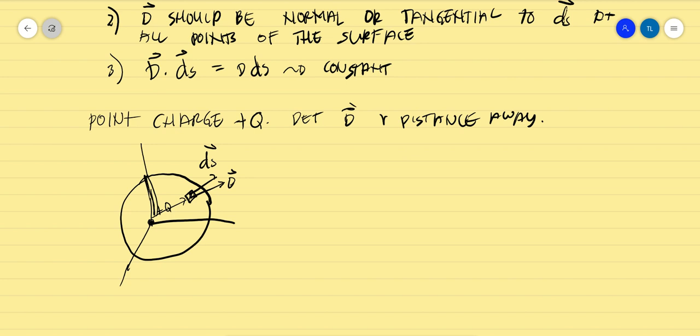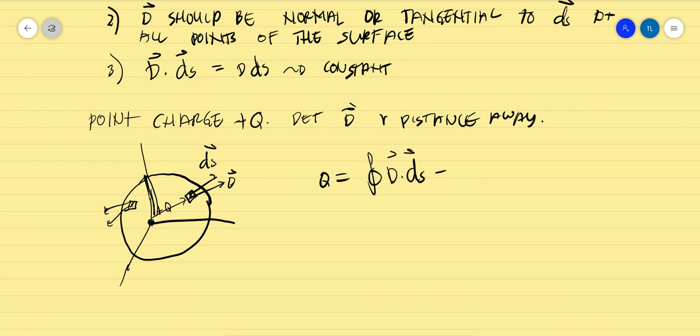So what can we say about the angle between them? Even if we take a surface area at the other part of the surface, it's still in that direction and in that direction. They are always tangential with each other, or parallel, or they have the same direction. So if we apply Gauss's law here, the enclosed Q will be equal to the integral of D dot dS.